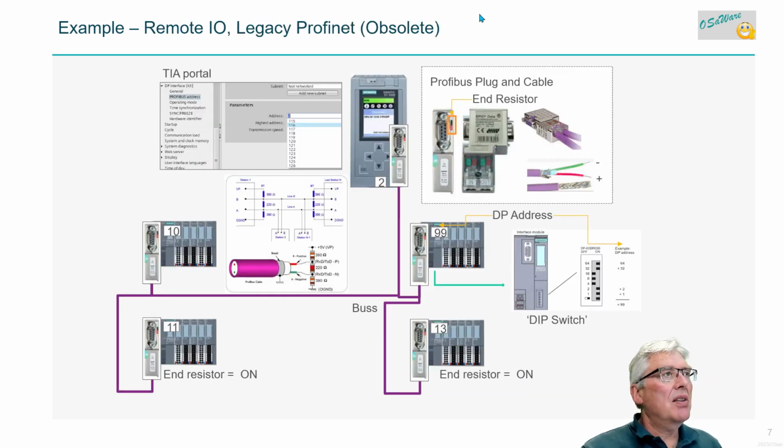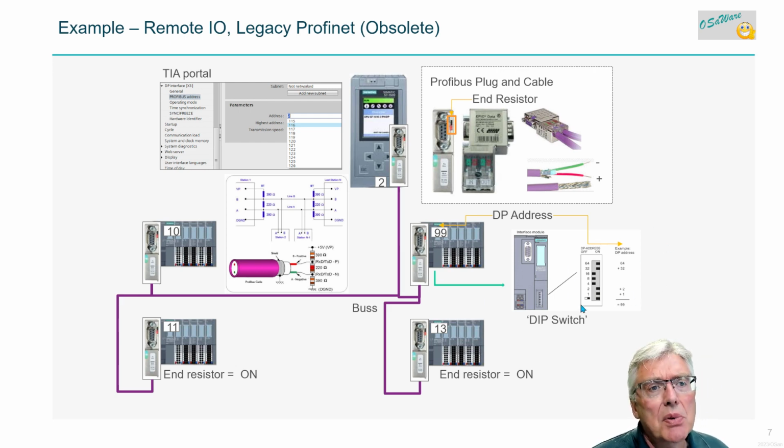And here is the legacy Profibus obsolete interface with special cables and special plugs and end resistors. Here is a segment all the way down here, and it has to be terminated by an end resistor, or else you are going to get ringing at the end here, and there's no communication on this network. They have addresses, which are numbers between 0 and 127, I think.